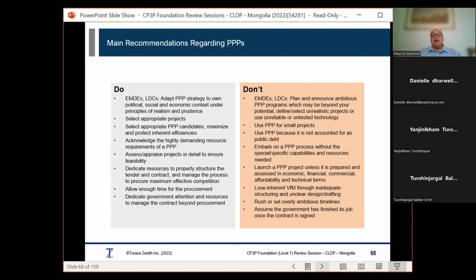And the guide actually says there will be many projects that should be done as a conventional project because it doesn't suit the PPP environment. We need to dedicate resources to properly structure the tender and contract and to manage the process to procure maximum effective competition. We need to allow enough time for the procurement and to dedicate government attention and resources to manage the contract beyond procurement.